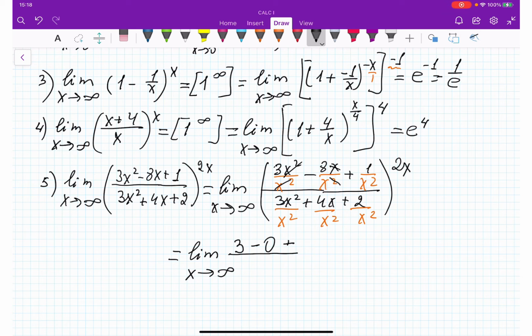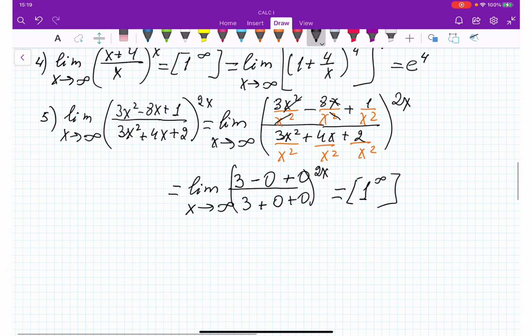And also plus 0. Here we have 3 plus 0 plus 0, and all this to the power 2x, which is giving us 1 to the power infinity, right? Okay, which means we can apply the definition of e through the limit.